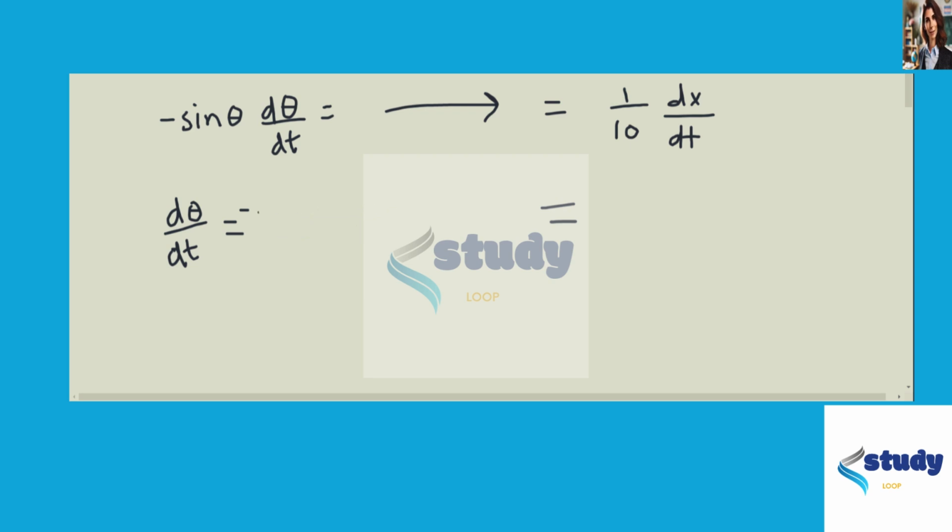Sorry, for some reason it's not liking this middle area here, so it won't let me draw there. So I'm going to move it over. So we have negative 1 over 10 sine theta, and we have dx over dt.